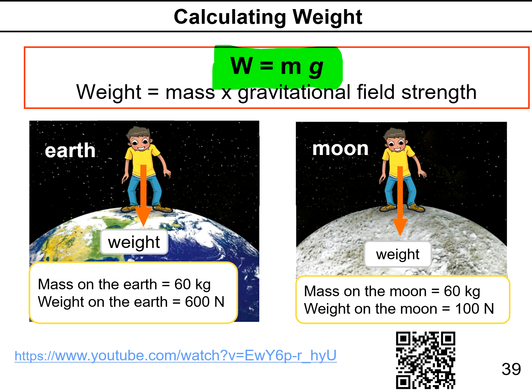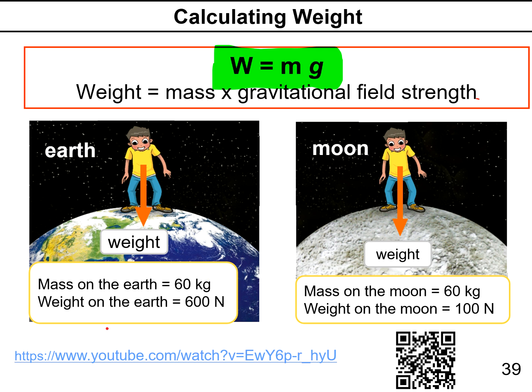So what it means is that if I want to calculate the weight of a person, I will take the person's mass and multiply by the gravitational field strength of the planet that this object is in. Say for example, this boy has a mass of 60 kilograms and the boy is on Earth.